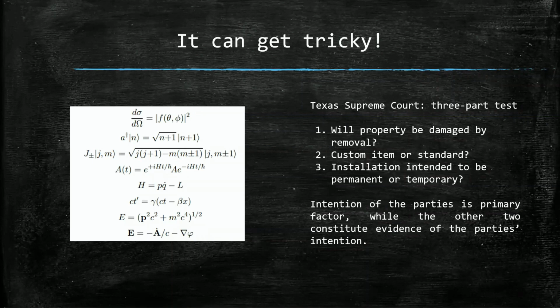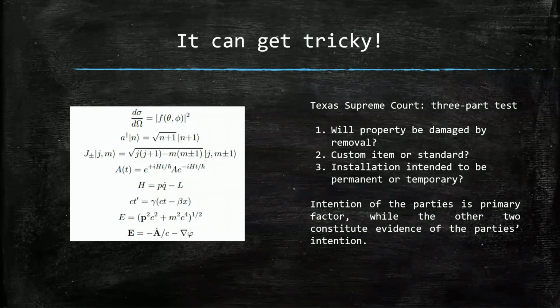Is the item custom or is it standard? Can I just go and buy one at the store? Or was this particular item, let's say a bookshelf, built in place, custom fit to that little nook in the house? That's a custom item. And finally, what are the parties' intentions?